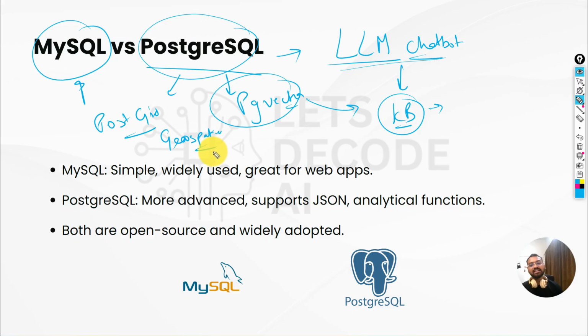So geospatial data is nothing but map data. If you are dealing with geo coordinates, map information, road networks and all, then PostgreSQL is your go-to database instead of MySQL. And it even supports some semi-structured data like JSON.